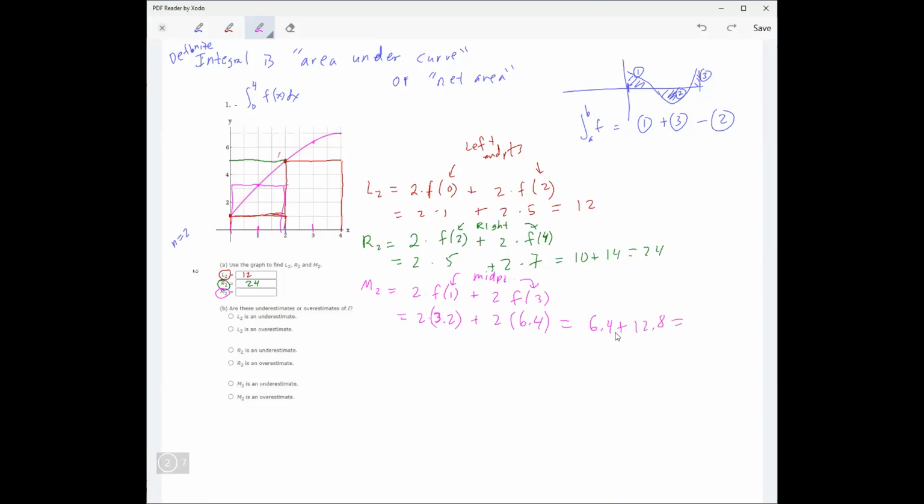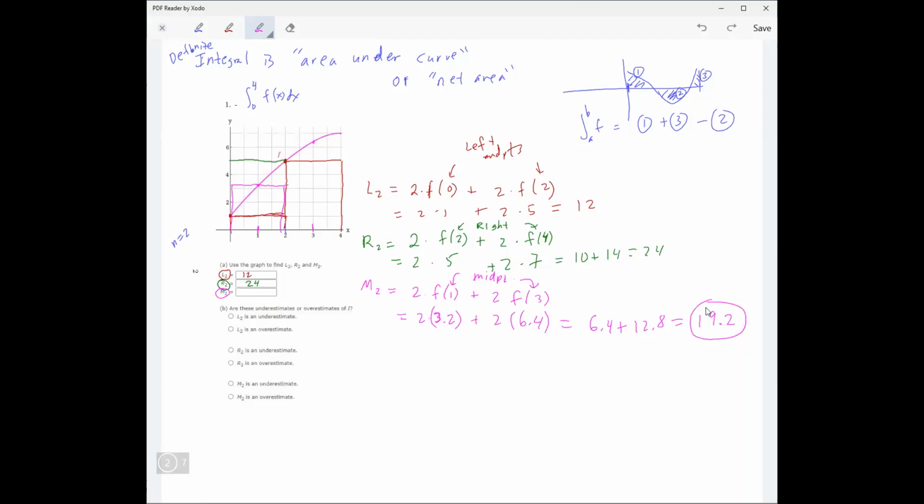That adds up to 19.2. I think that will probably work. If you eyeball it, you might come up with a different number, but 19.2 is going to work.